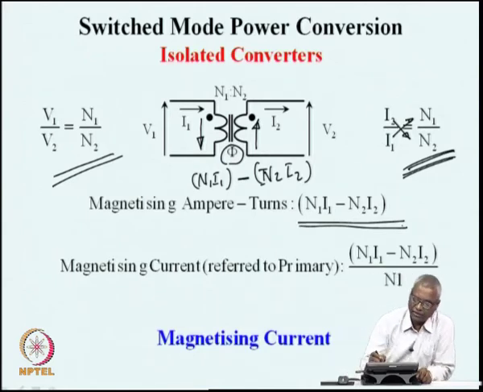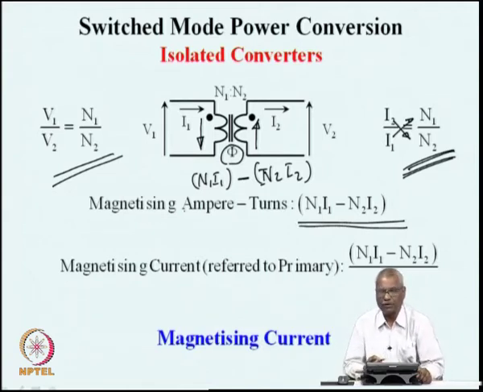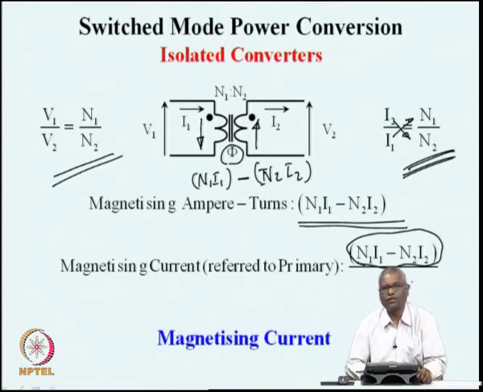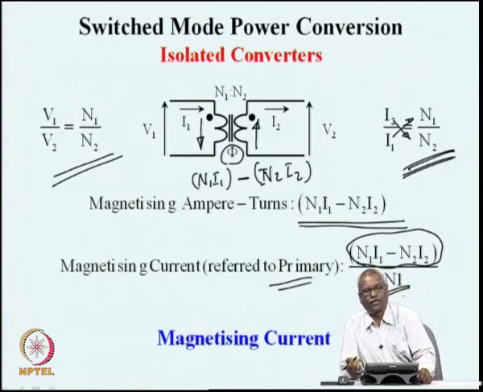Now, this can be seen as an equivalent magnetizing current on the primary side or on the secondary side. The magnetizing current is nothing but the net magnetizing ampere turns divided by the turns in the primary, if you want primary current, or secondary if you want the secondary referred magnetizing current.